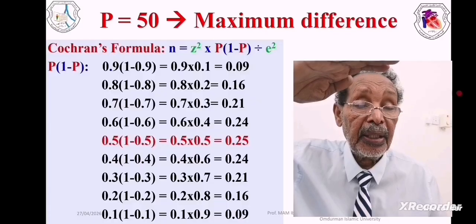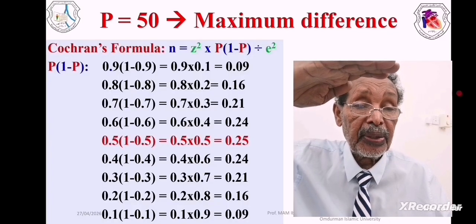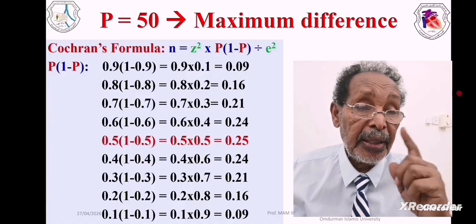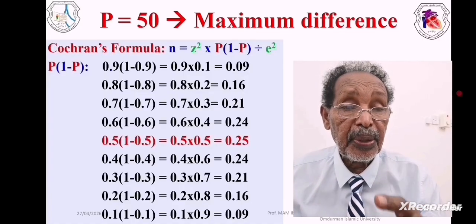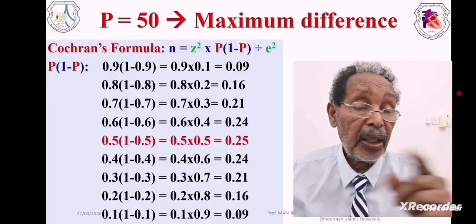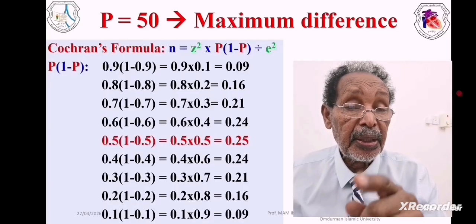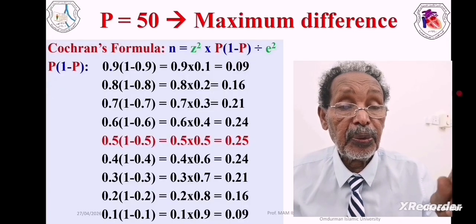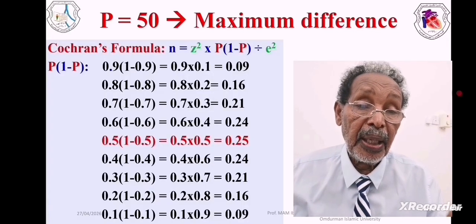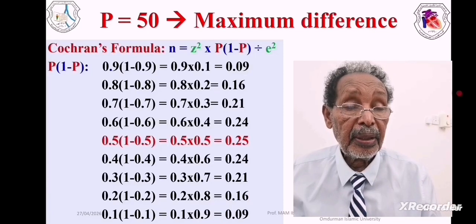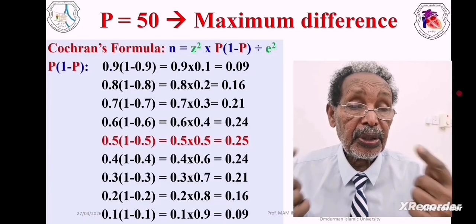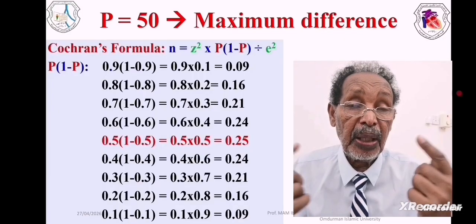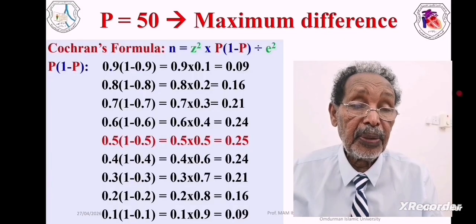If it is big, then it will provide us with a big sample size. If you consider 90%, then 0.9 multiplied by 1 minus 0.9 will be equal to 0.9 multiplied by 0.1. Each has a single decimal, and the result will be 0.09.